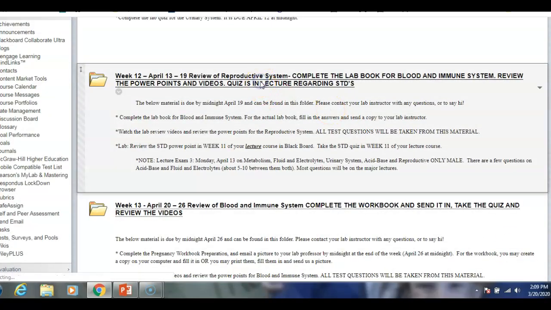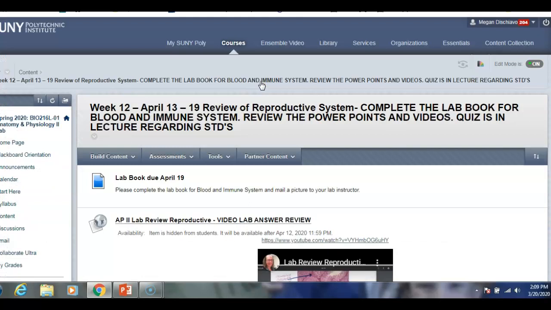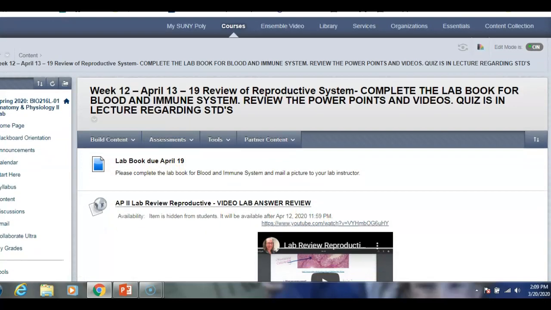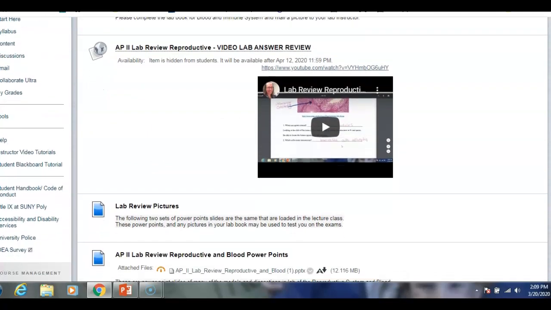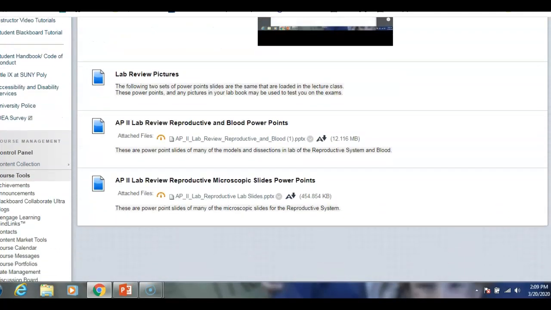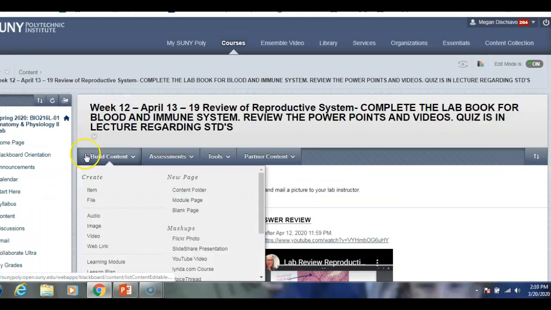April 12th, kind of the same rhythm. So the due dates are: the lab book is due April 19th. The reproductive review will not open until everybody has completed their lab book and sent it to us. And then here are some lab review pictures for blood and reproductive, the same ones that were in your lecture.